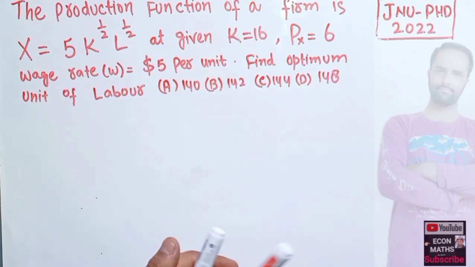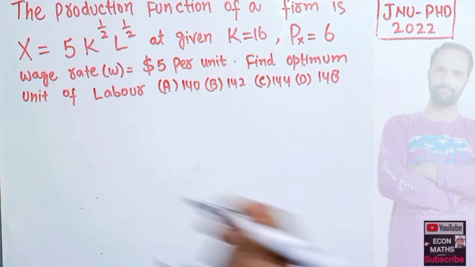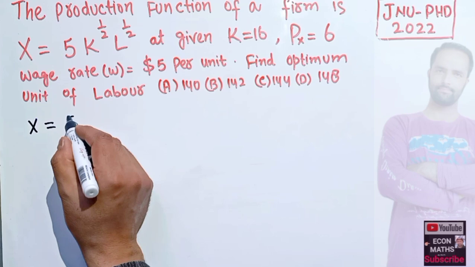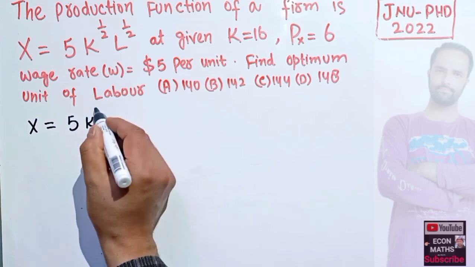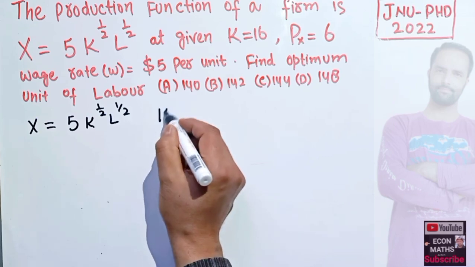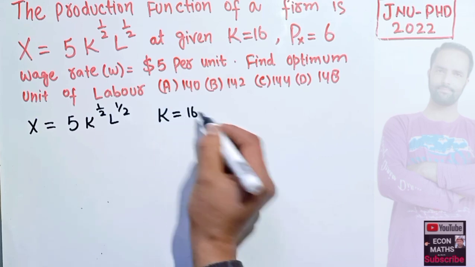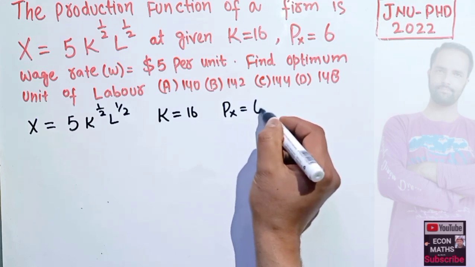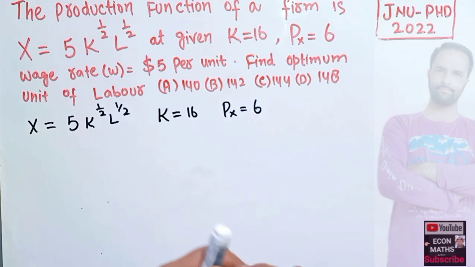Okay, so what we are being given, let's rewrite it. So output is a function of 5 times K to the power 1 upon 2 L to the power 1 upon 2. K is fixed, which is being given as 16, and price of X is equal to 6. We need to find out the optimum units of labor. For that, what will we do?